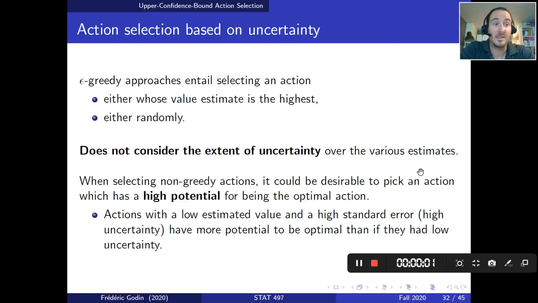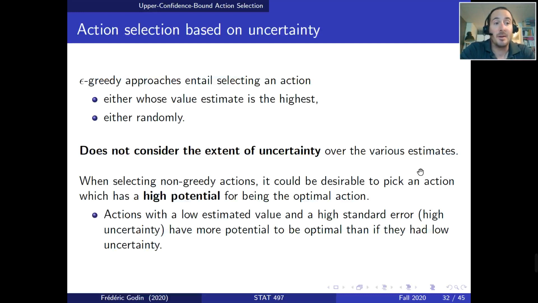Hello everybody, so this is the last video associated with chapter 2 of the reinforcement learning course. In the previous video we've discussed approaches to form estimates of the value of the various actions in a k-armed bandit setting, and then these estimates can be used within an epsilon greedy policy to select actions and attempt maximizing the expected reward an agent receives through k-armed bandit procedure.